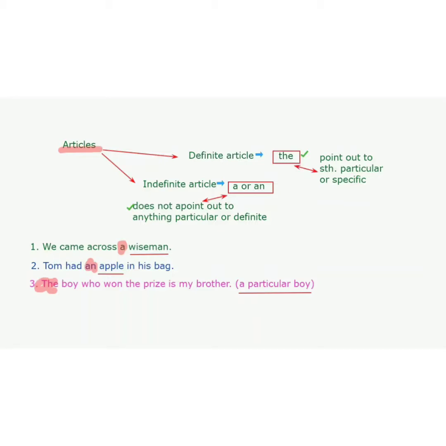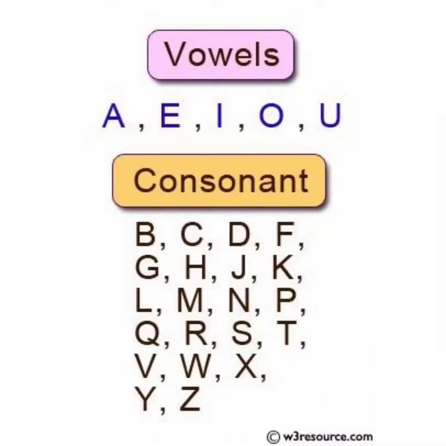Now let's quickly revise a small topic that we have already learned, and that is vowels and consonants. We all know that in the English language we have 26 alphabets which can be further divided into vowels and consonants. The sounds of letters like A, E, I, O, U are called vowels, while all the other 21 letters are called consonants.